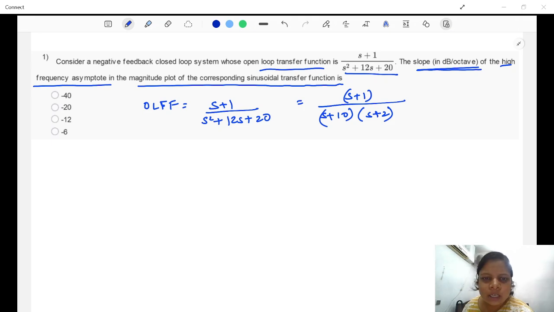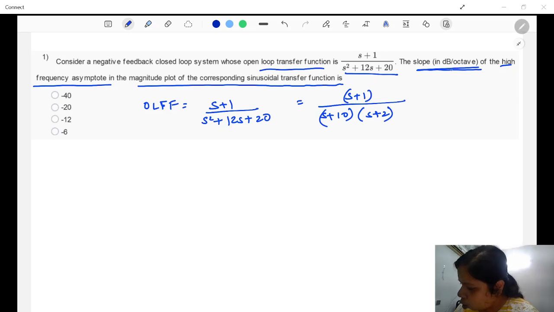Can anyone answer what are the poles of the system? Right. These are the poles of the system, minus 10 and minus 2. And the zero is minus 1.